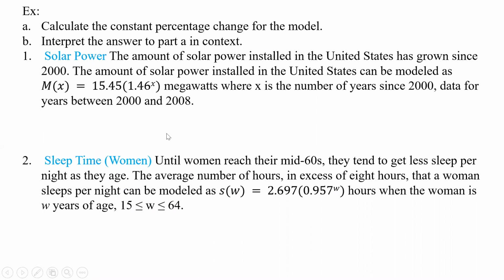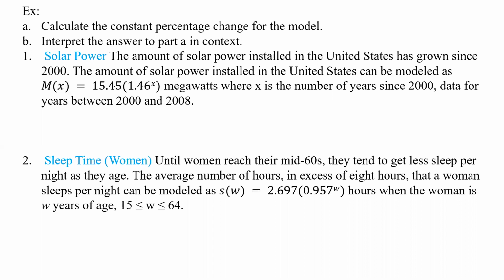All right, so the next one, we're supposed to calculate the constant percent change for the model, and then interpret the answer to part A in context. So we have solar power and we have sleep time for women. The amount of solar power installed in the US has grown since 2000.